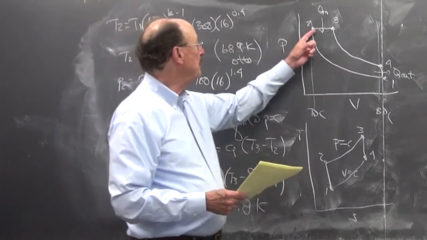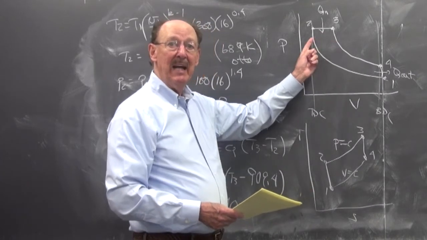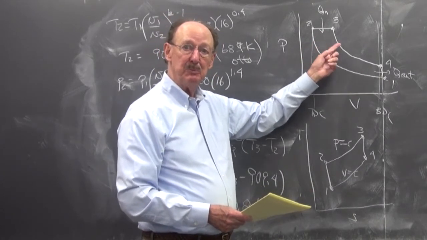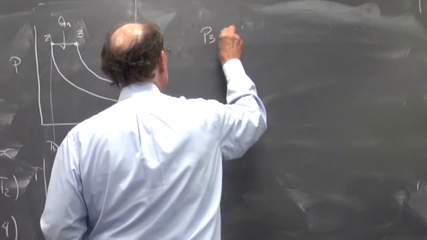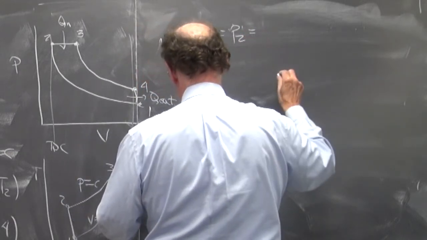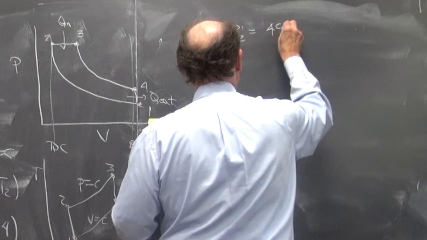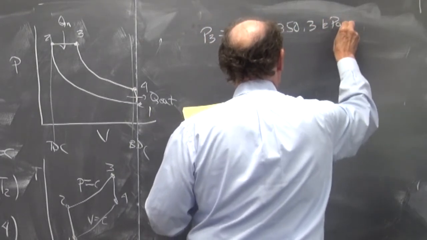So I found T3 from the heat in, but it's constant pressure. So P3 is the same, and I can use the ideal gas law to find specific volume 3. P3 is the same as P2, which is equal to 4850.3 kPa.